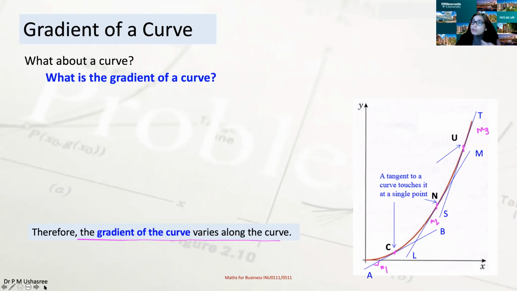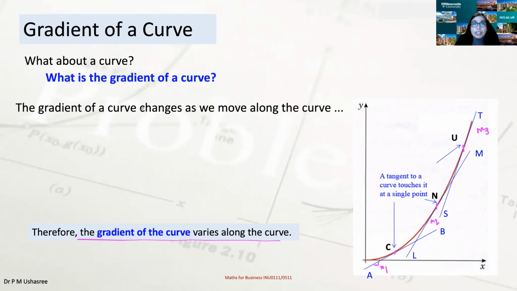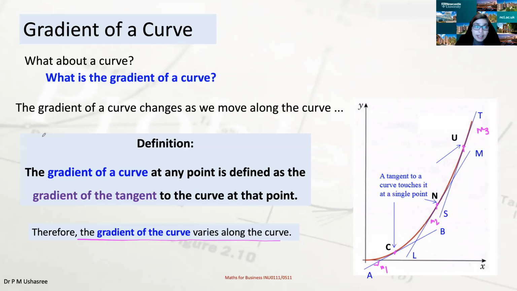That's it. So to find the gradient at a point on the curve, just draw a tangent to the point and then find the gradient of that line, and say that's the gradient of that point. Okay, so the gradient of a curve changes as we move along the curve, and the gradient of a curve at any point is defined as the gradient of the tangent, or the straight line drawn to the curve at that point.